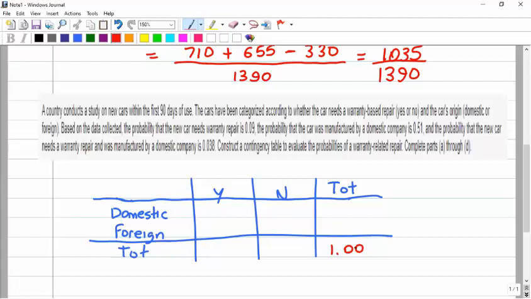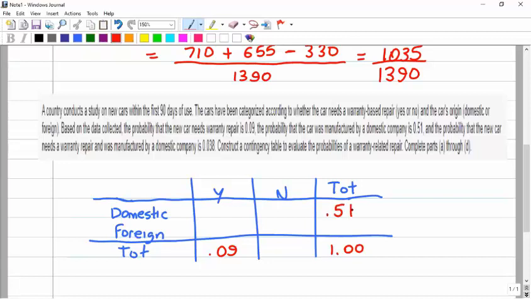It doesn't specify which one, so that's going to be your warranty, yes, total. The probability the car was manufactured by a domestic company is 0.51, with no other restrictions. So the probability of 0.51 goes right here.